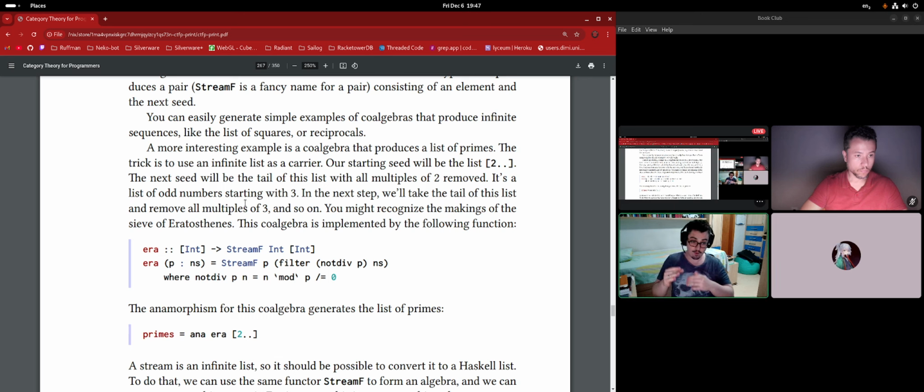And then at each iteration of the process, the next state will be everything that was before, but removing the multiples of a particular prime. So we start with 2, then we go over with 3, and so on and so forth.